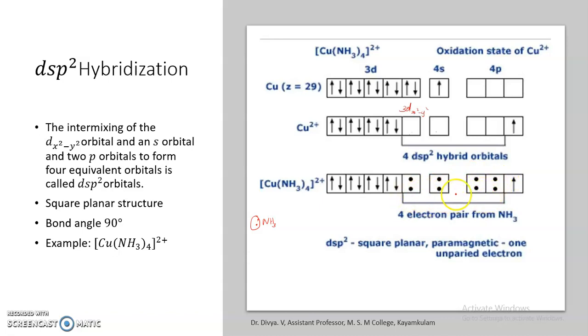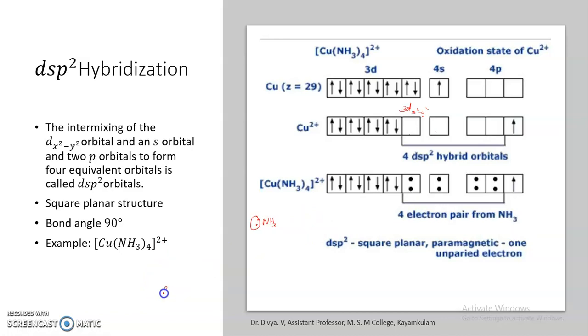So four electron pairs from ammonia molecules make this cuprammonium complex, which has dsp2 hybridization with a square planar structure. Due to the presence of an unpaired electron, the system was found to be paramagnetic in nature. That means the complex shows magnetic behavior because of the presence of the unpaired electron. So the structure is square planar.